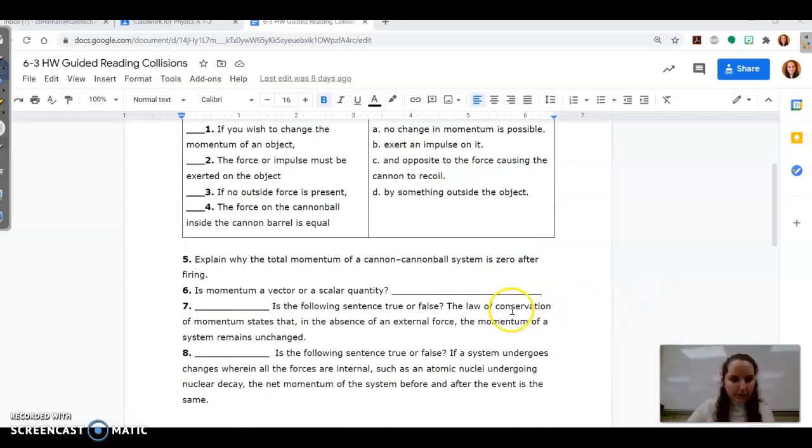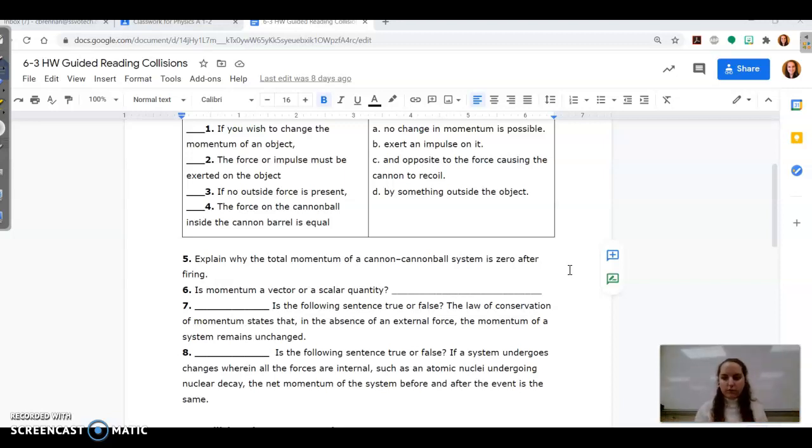So 5, explain why the total momentum of a cannonball system is 0 after firing. Again, this comes from the idea of the conservation of momentum and recognizing that the force that is shooting off the cannonball is the same amount of force that is shooting off the cannon itself. It's just acting in opposite directions.